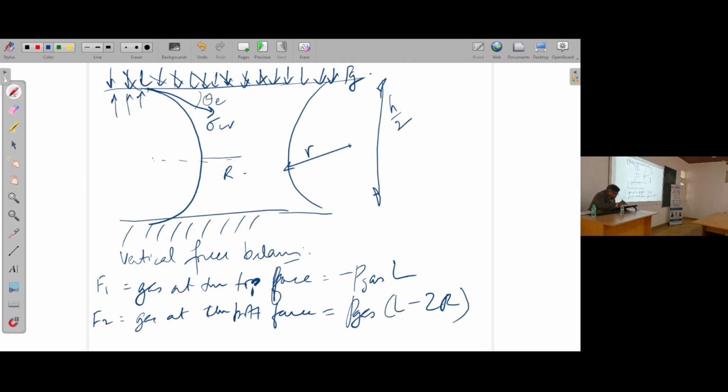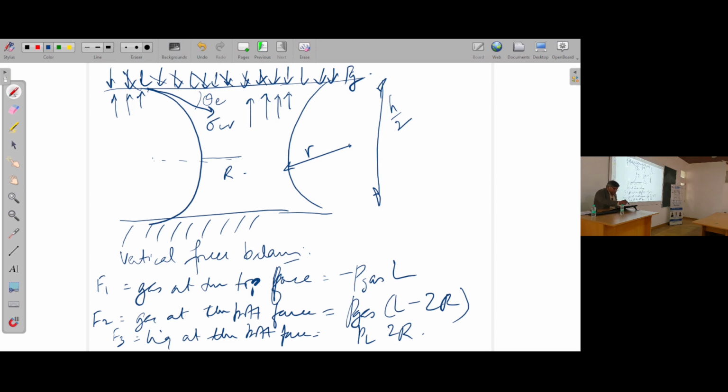Obviously, you've got liquid which is applying pressure as well, over the entire surface. So F3, liquid at the bottom face, is P liquid times 2R per unit length. We're not worried about the length scale, so don't worry too much about it.